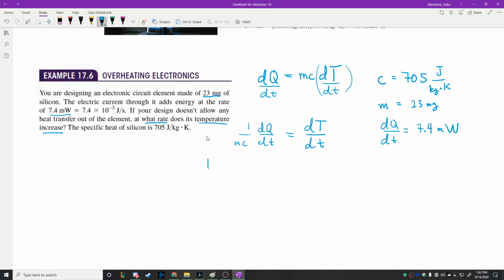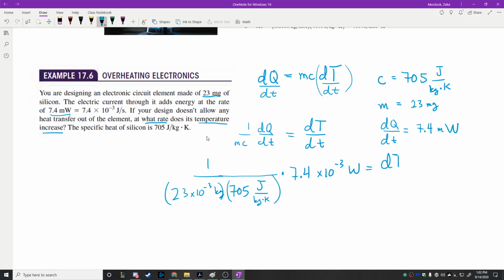Plug everything in, 1 over m, and then c is this. And then we multiply by dQ/dt, which was 7.4 times 10 to the negative 3. They had milli and milli, we could have just left them in there, I guess. And that should give us our answer.